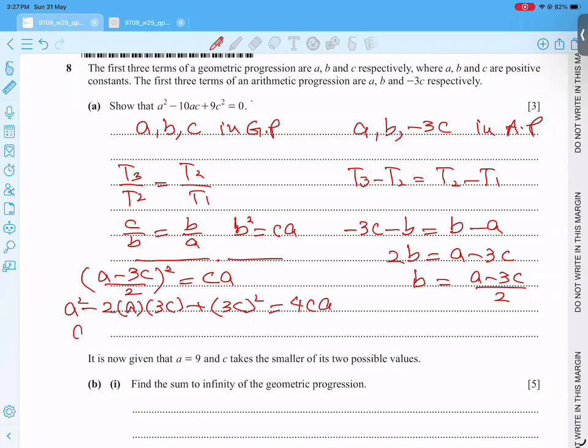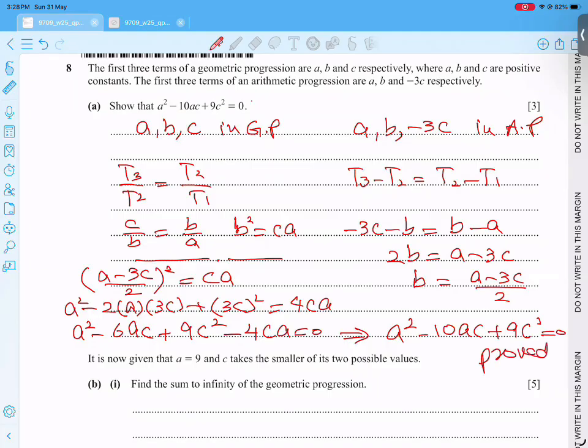So I get a squared minus 6ac plus 9c squared minus 4ca, or ac, same thing. Now I'm going to finalize the answer: a squared, and this will give us negative 10ac, plus 9c squared equals 0. Proved, because he asked us to prove the answer. I hope the point is very clear.